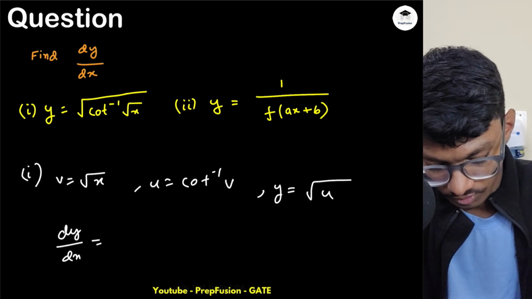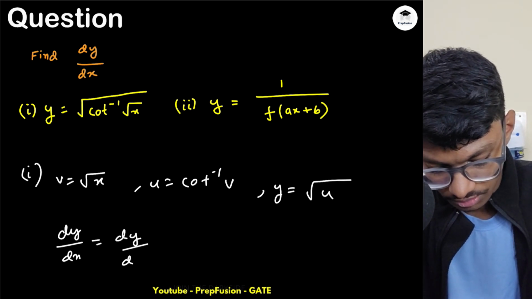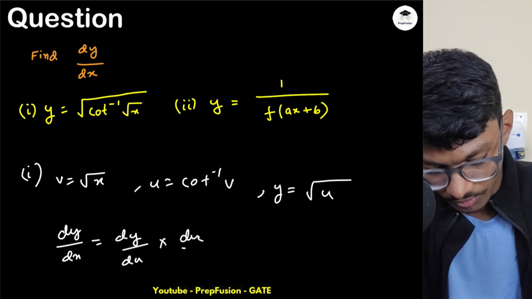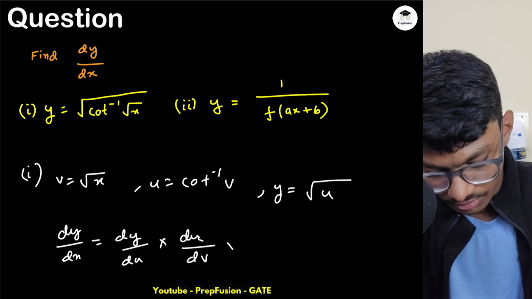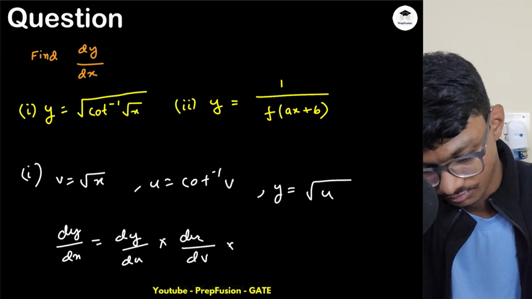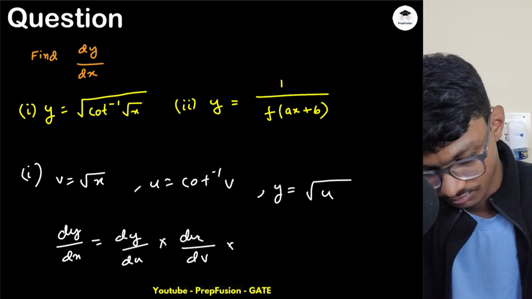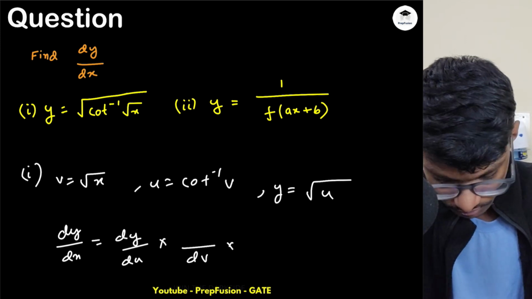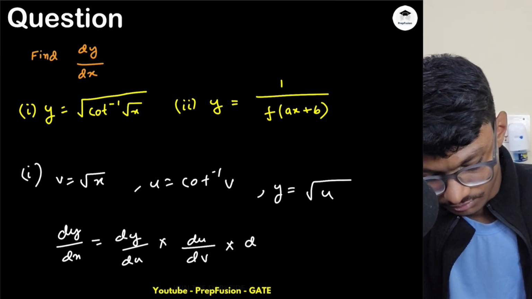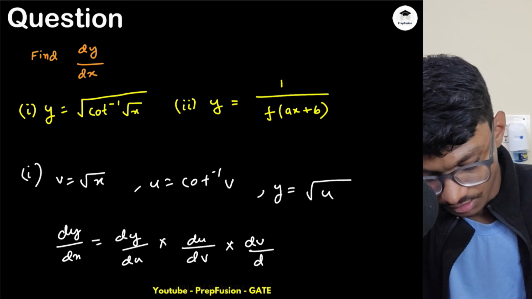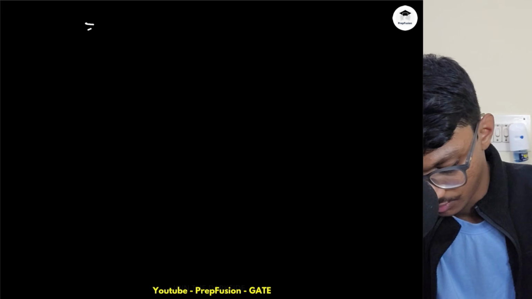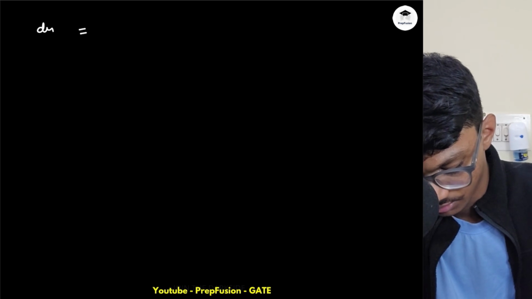So I can break it down: dy upon du into du upon dv into dv upon dx.